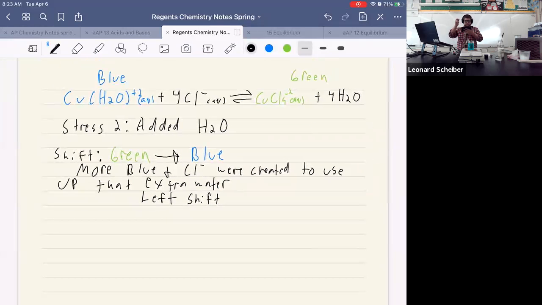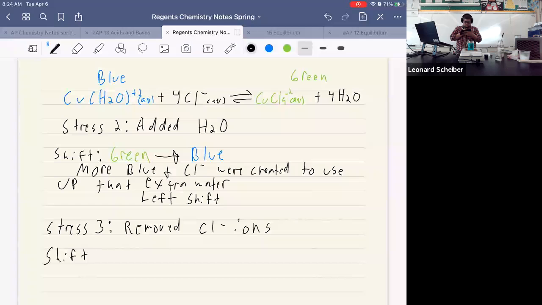Prediction time. Here's a tricky one. Let's do a third stress. What if I removed Cl- ions? That's a stress, not just adding, but also removing. If I were to remove Cl- ions, how would this system shift? Right. So let's look at this.